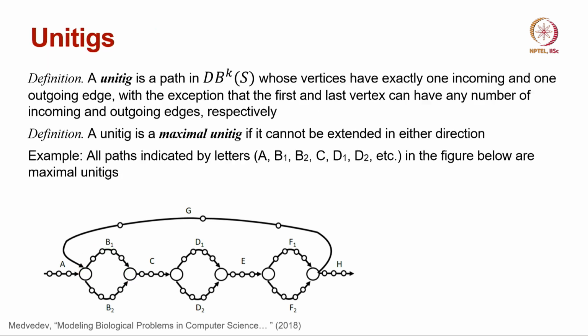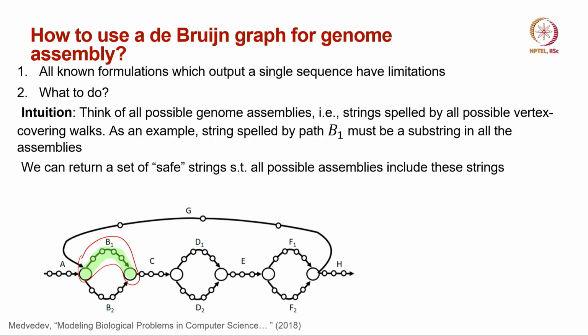So, for example, in this example you can think that maybe A is a safe string, because any vertex covering walk should have A as a substring. Similarly, H is a safe string, because the entire string spelled by this subpath H should be a substring of all possible genome assemblies.